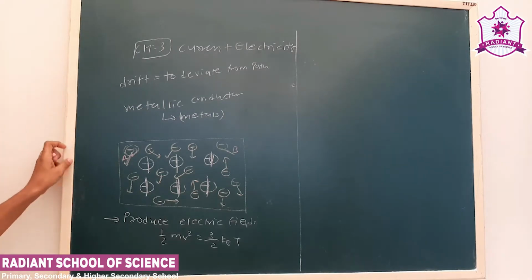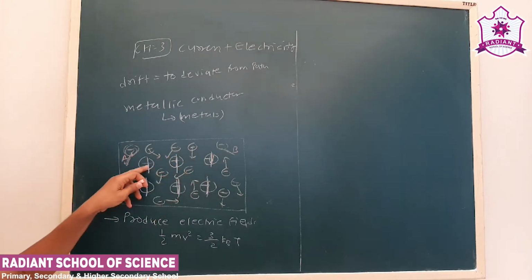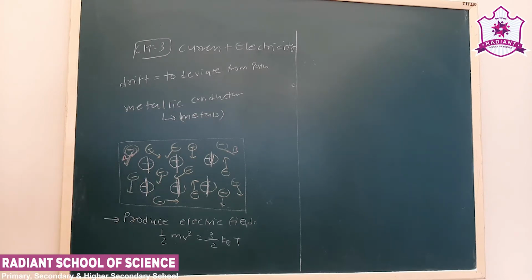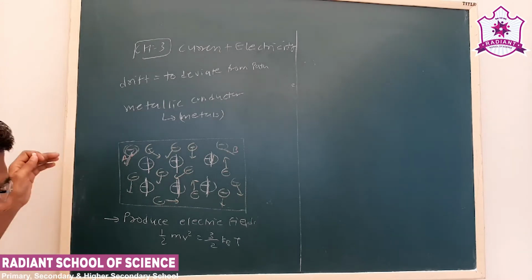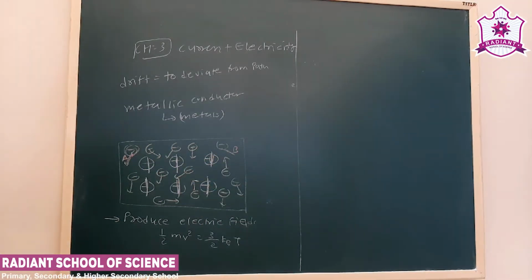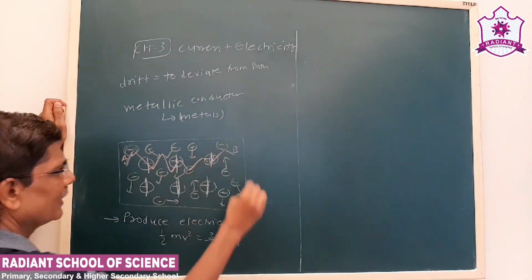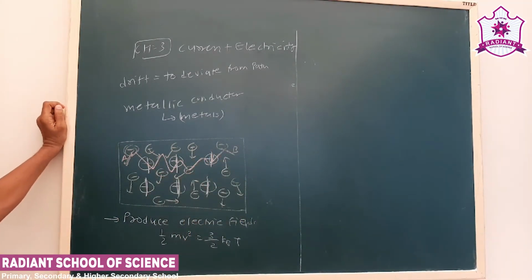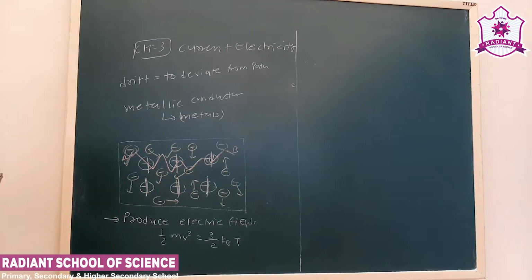So suppose an electron wants to move from A to B, it collides with a positive charge, so its path is deviated, then it moves further. So it will not be a straight line, but an uneven path like this. Okay, let us say an electron has moved from A to B in the given condition.